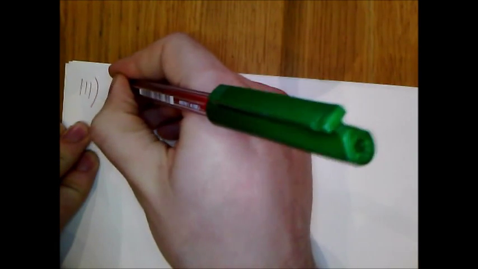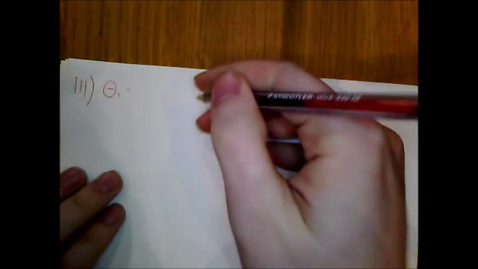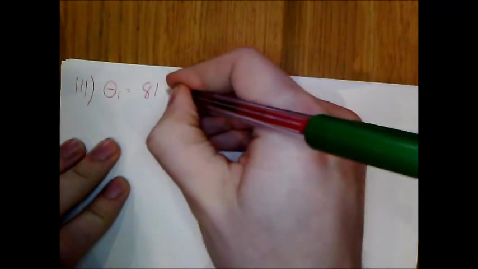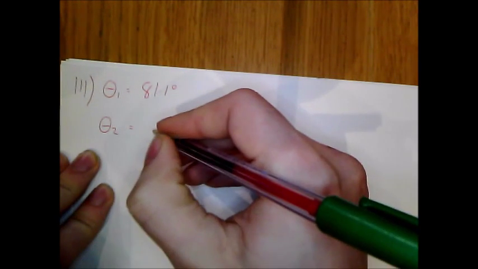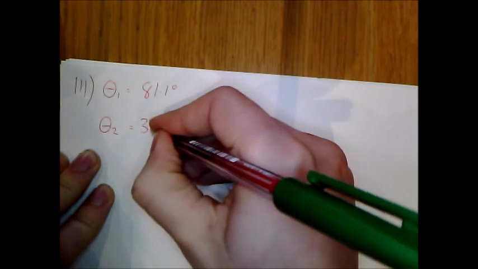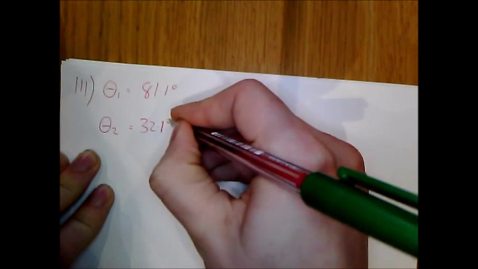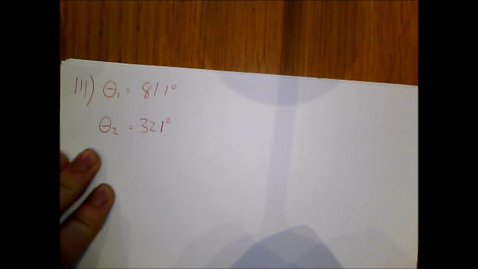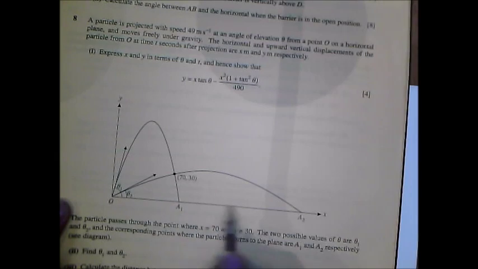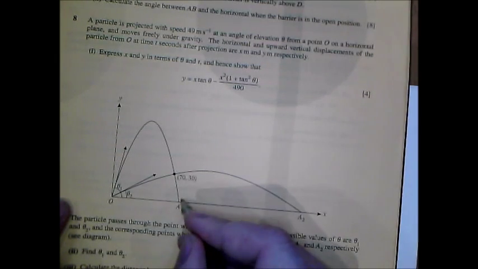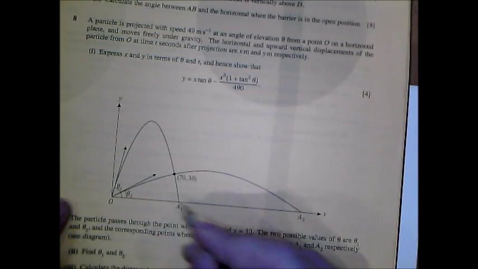So we know theta 1 was 81.1 degrees and theta 2 is 32.1 degrees. So now all we want to do is find these distances. In other words, we want to know what the x displacement is for both of these values.